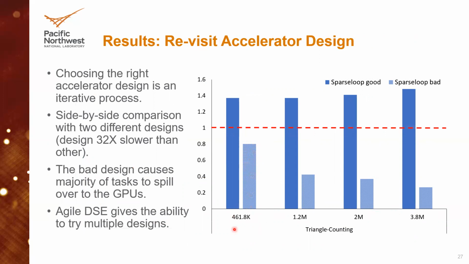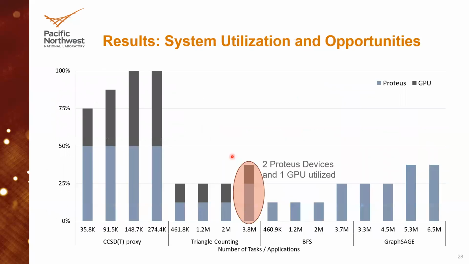This axis shows the total number of tasks based on the input size. Because these are taking so much time, these tasks start to spill over onto the GPUs, and that results in significant slowdowns.